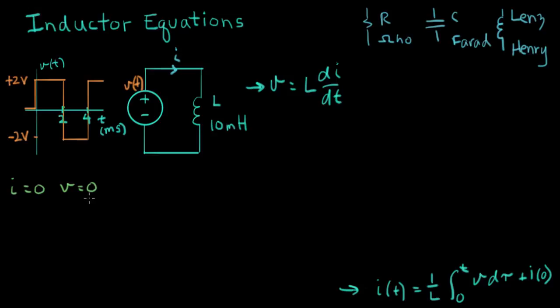If I take this fact and look at this equation right here, if V is 0, L is some positive number. So then we know that di/dt equals 0. This circuit is pretty much doing nothing before this waveform starts working.